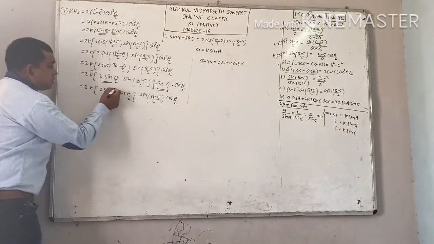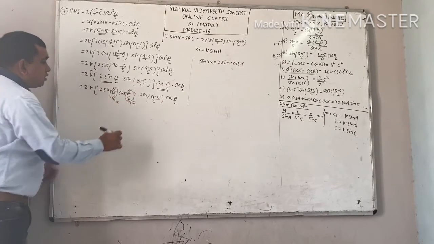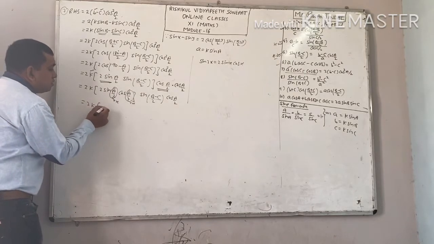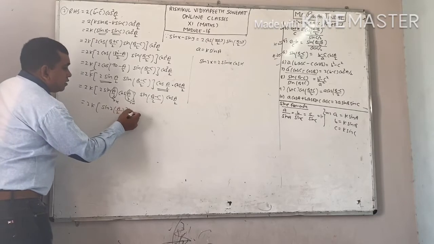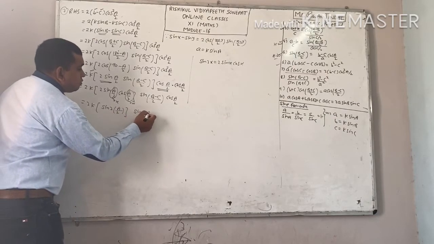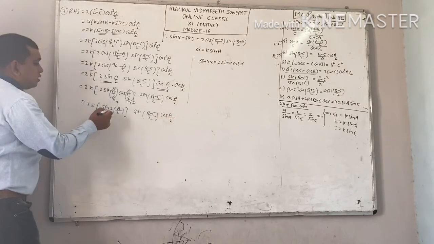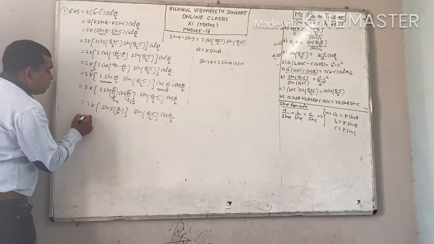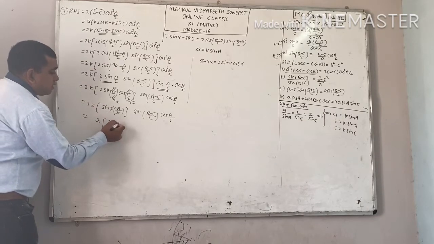Let it be x. This is your 2 sin x cos x, and 2 sin x cos x is equal to sin 2x. Sin (B minus C) by 2 cos A by 2. This 2 is cancelled out. This is your k sin A, and k sin A you know very well is equal to small a. Take this 2 inside.